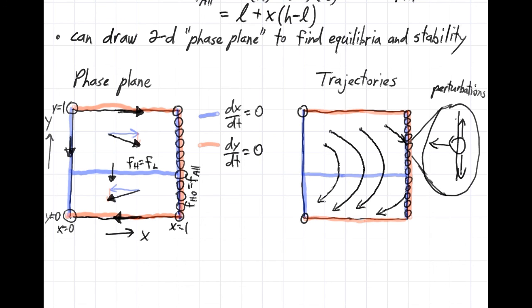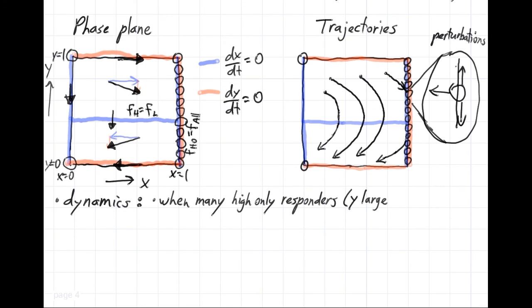And that gives us an overall sense of what would happen in our system. Without even solving any of these equations, I have a pretty good feeling for what the dynamics are. When there are many high-only responders, which means Y is large, then from this analysis I expect an increase in the frequency of high-offering proposers. That makes sense.